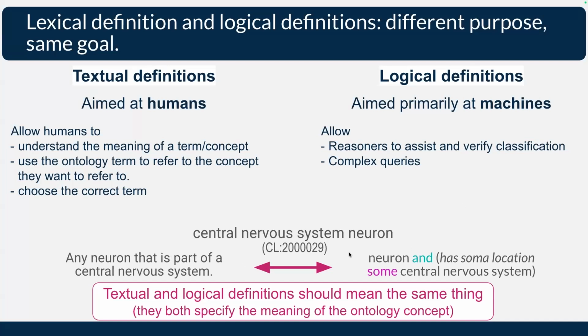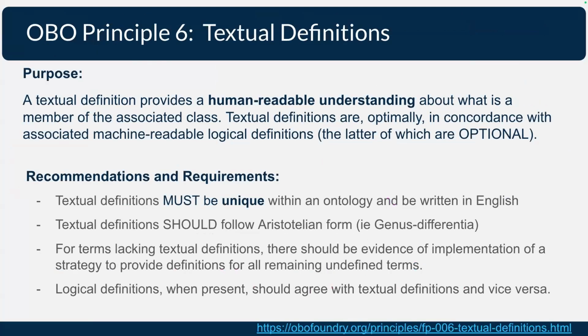So just make sure that the textual definition and the logical definition say the same thing in different languages, but still the same concept. So definitions are important. There's an obo principle about it. You can find more details in this link.